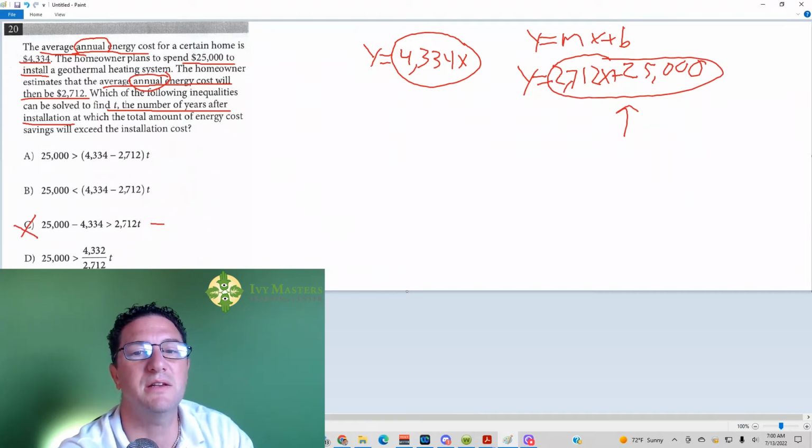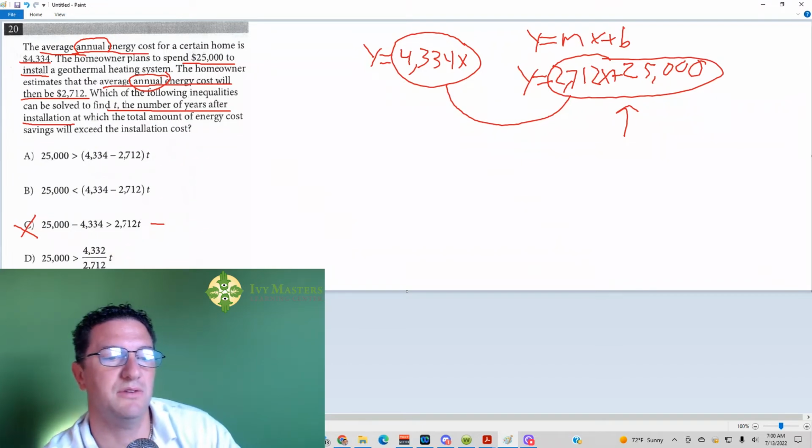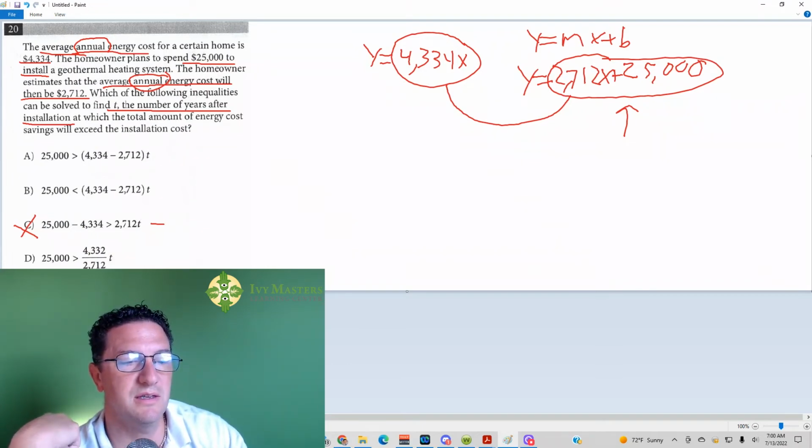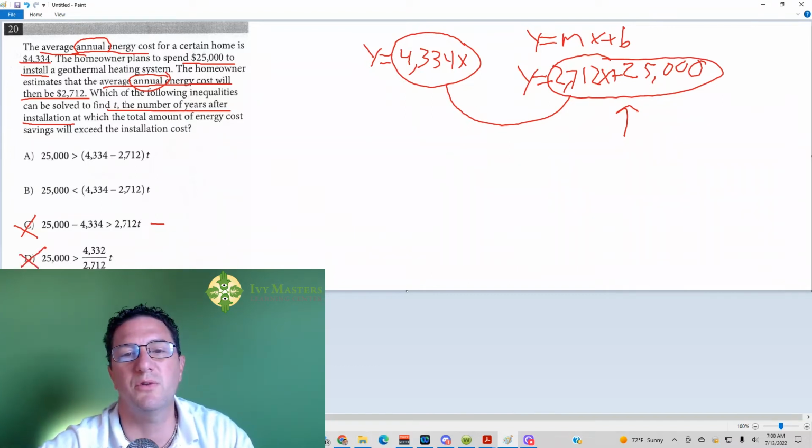Instead of x here, we're using t. Another thing is, we've got an x attached to 4,334 and 2,712 in answer choices A and B. Answer choice D is the unusual suspect, but we would have a T for both of those, so that would be wrong also. Watch out for those weird answer choices. Sometimes they wind up being the correct answer.